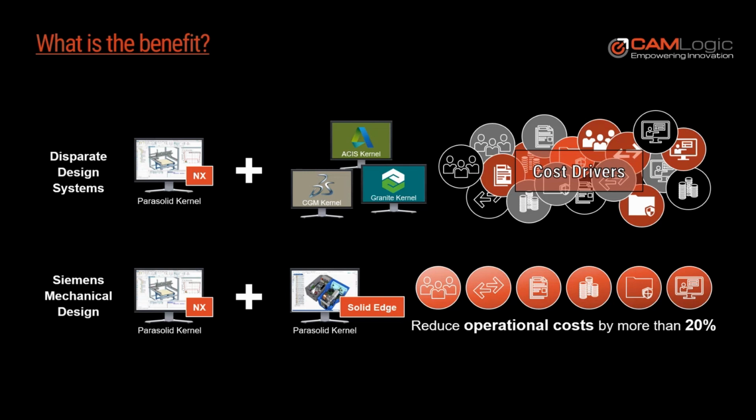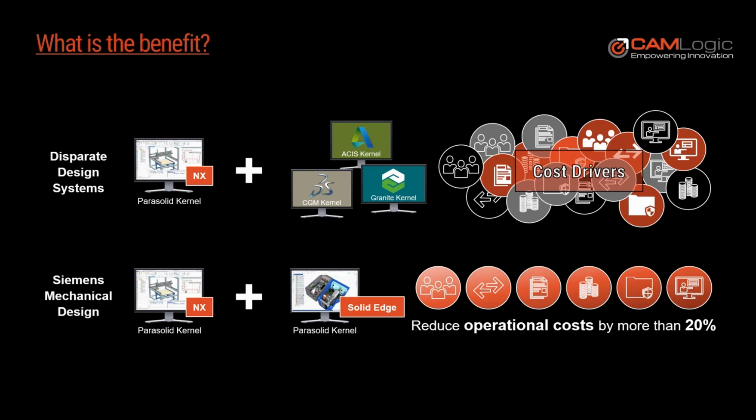Solid Edge data that's imported into NX is very easy to work with. It's almost complete, and any changes that are made on the Solid Edge side will be updated when you open it again in NX, or simply refreshing it will also update any changes.